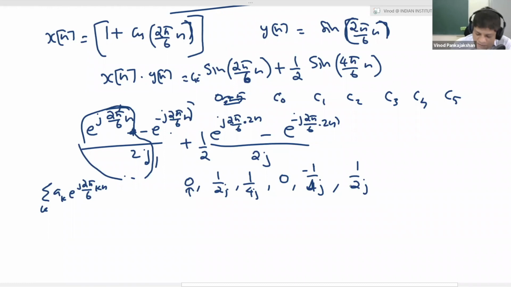Since this is periodic, what is this value? This one is 1 by 2j, and this one is minus 1 by 4j, and here this is 0, like that.